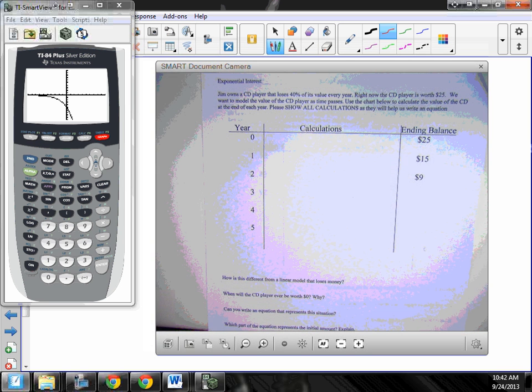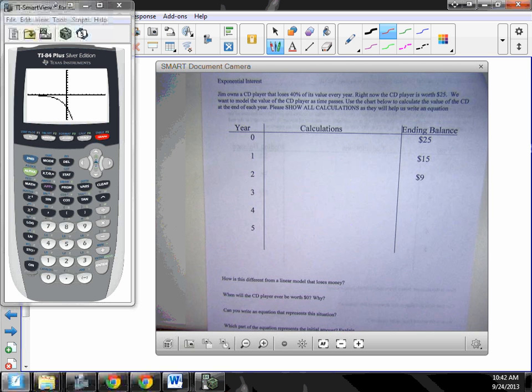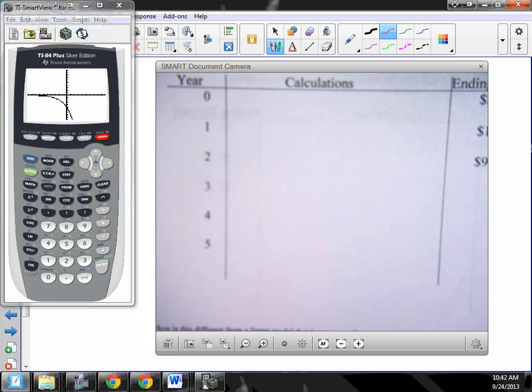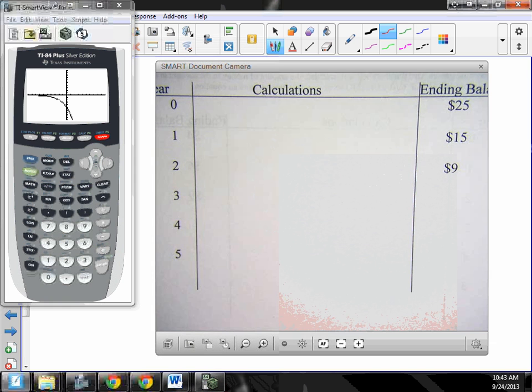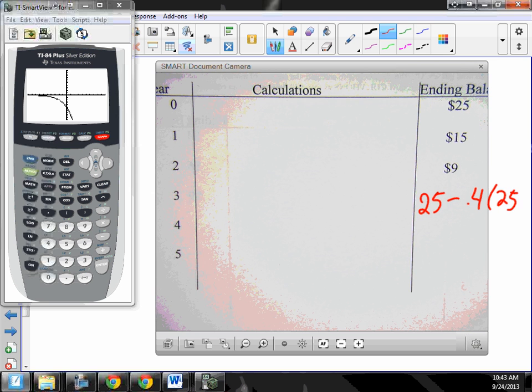We have a CD player that's worth $25, and the value of the CD player drops by 40% each year. So I'm going to write some stuff off to the side, and then I'm going to figure out a better way to write my recursive. If your recursive is this way, it's okay. So in the first year, I'm going to take 25, and I'm going to subtract 0.4 times 25.